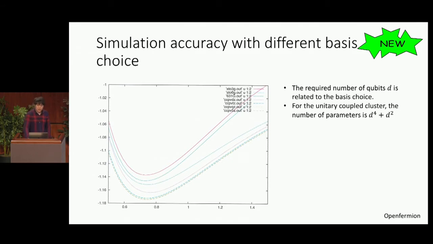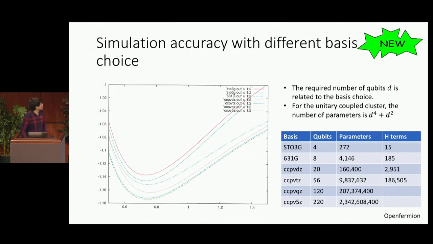In quantum chemistry simulation, the required number of qubits is related to the number of bases. Furthermore, if we consider the unitary coupled cluster ansatz, the number of parameters also increases with the number of qubits and the number of bases.